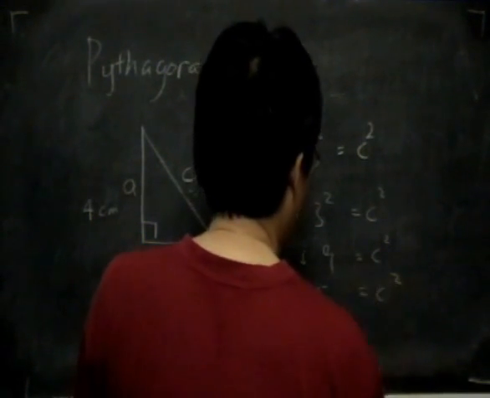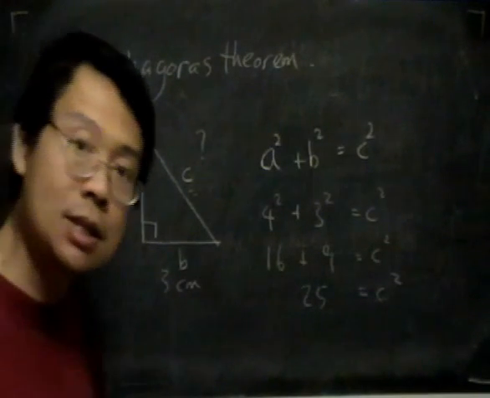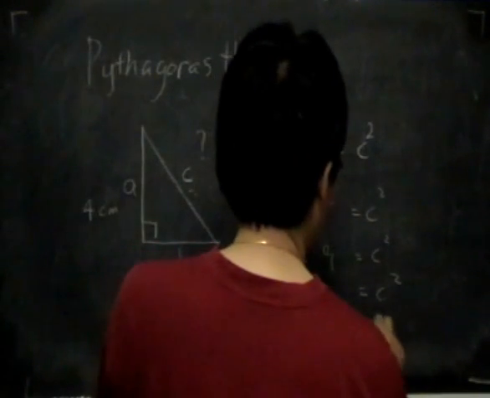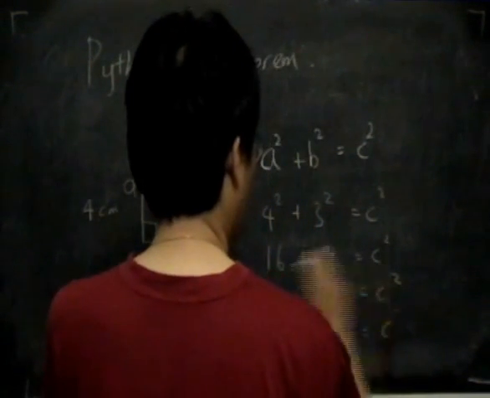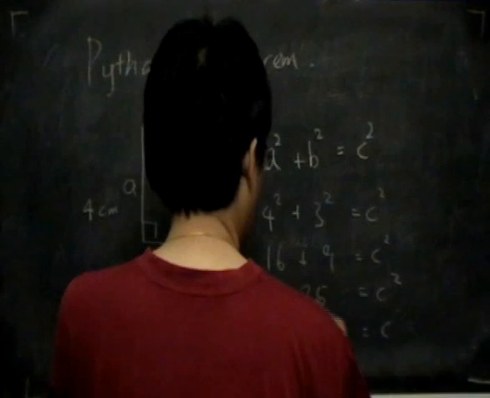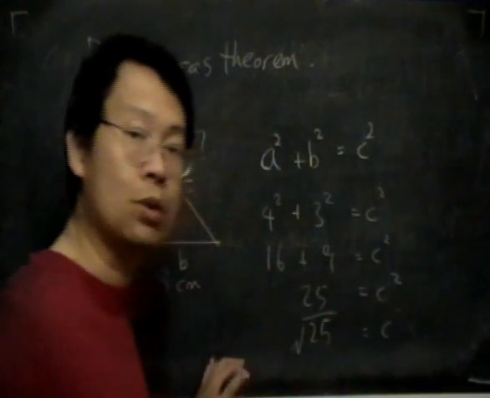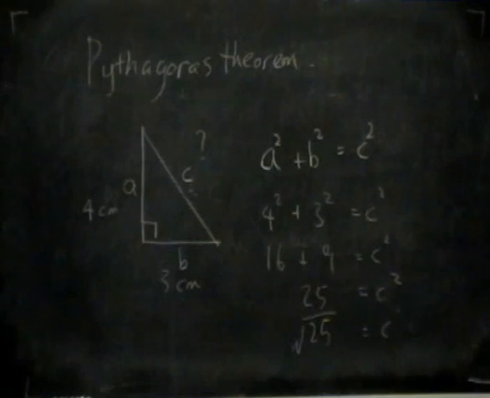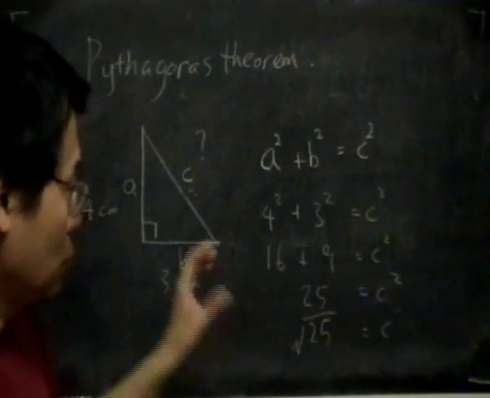So therefore, if you know that C squared is 25, you can find C if you take the square root. Okay, C is the square root of C squared. So you need to take the square root of 25 to get the answer. And you often have to use your calculator to find the answer.